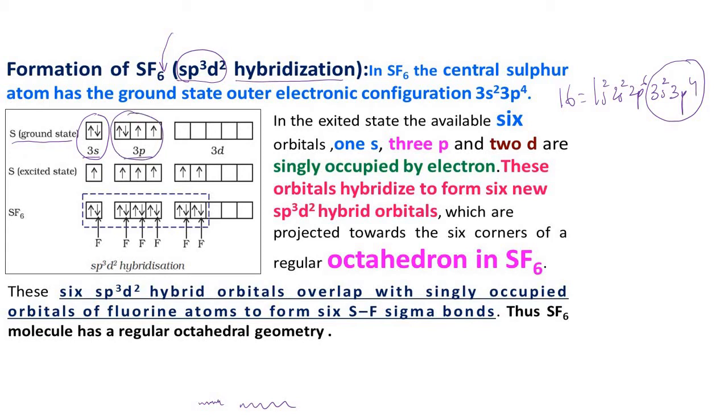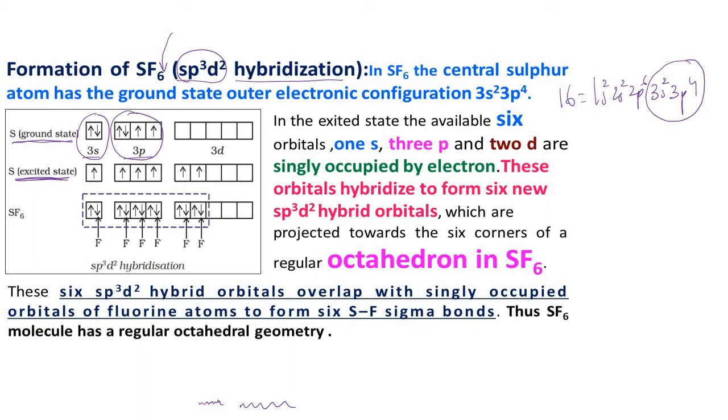Is it clear now? So this was all with respect to the ground state. When it is present in the excited state, there is one concept you have to understand, students. Here it is directly mentioned as the excited state, but during excitation there are a first excited state and a second excited state. Why?